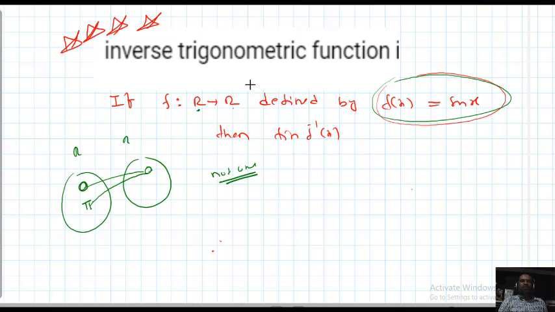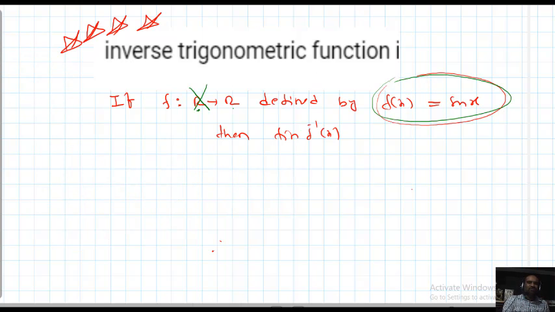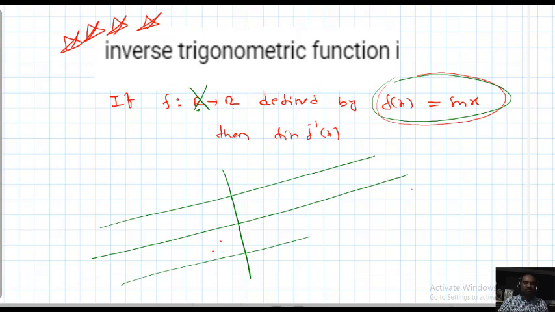We want to modify the domain and codomain. I don't want to take R here. I want to take something else, after that it will become one-one. I will show you through a graph. First of all, students, draw the graph of the sine function. Without graphs you can't learn the concepts of functions, limits and differentiation. So this is the basic graph of the sine function.